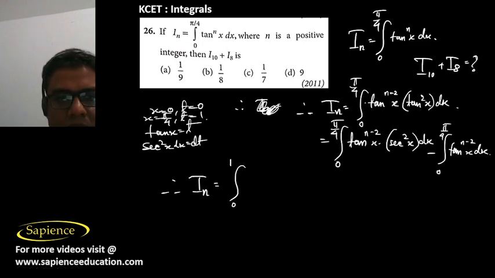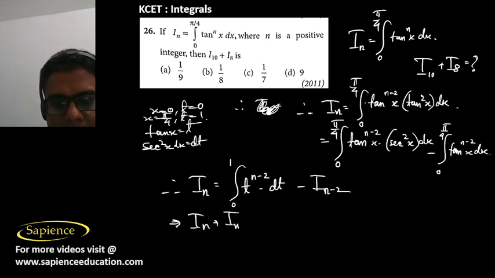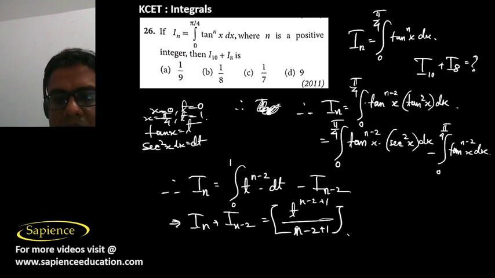Tan x is t, so I can write t power n minus 2 into dt minus this I can write as I n minus 2. So therefore In plus I n minus 2 is equal to t power n minus 2 plus 1 by n minus 2 plus 1, then it will go from 0 to 1. So this is equal to 1 power something is 1. So this is 1 by n minus 1.